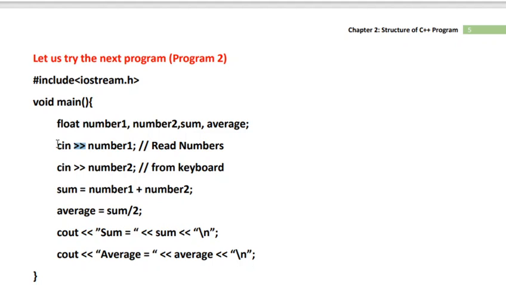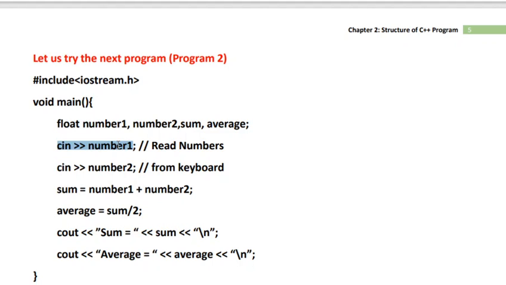So it will read a value from the input stream and place it in the memory allocation done for num1. This is the significance of this particular statement. It will read the value from the input stream, place the value in cin, and subsequently that value will be placed in num1.